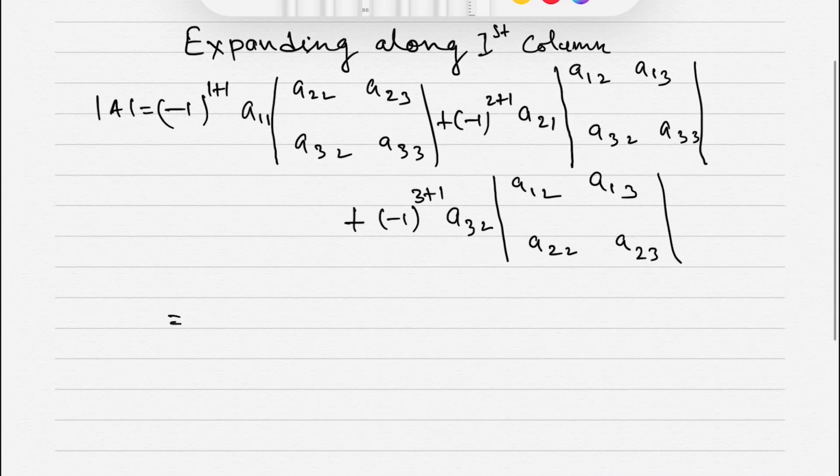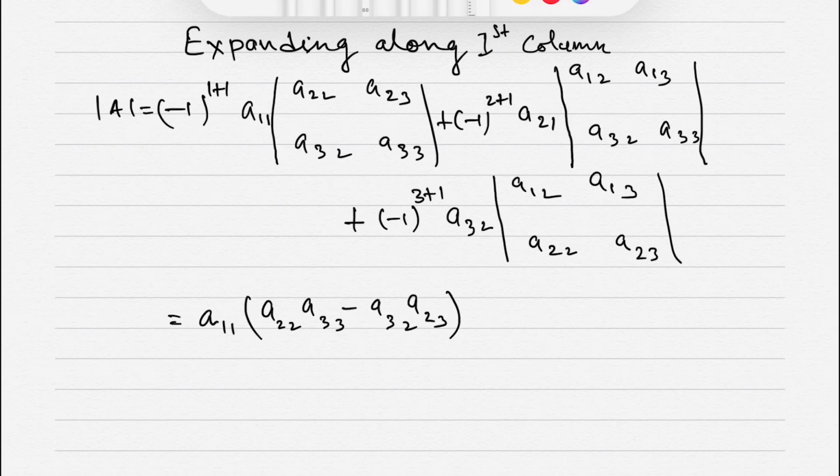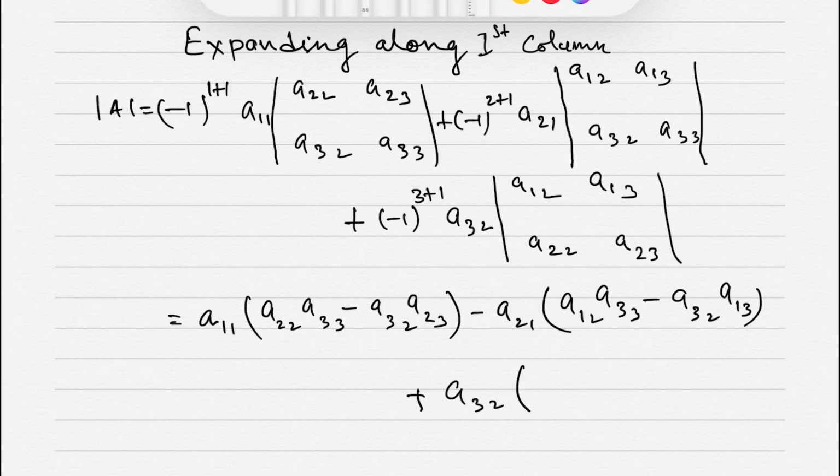Finally, we'll have A11 into A22 A33 minus A32 A23, minus A21 into A12 A33 minus A32 into A13, plus A32 into A12 into A23 minus A22 into A13. This is the determinant value of the 3 by 3 determinant when we expand it along the first column.